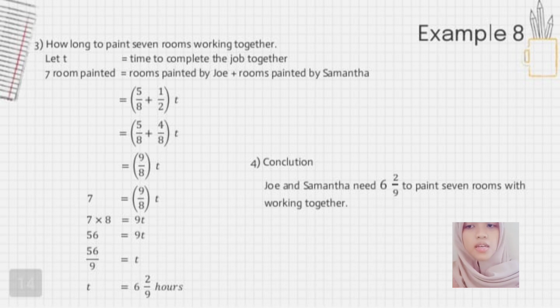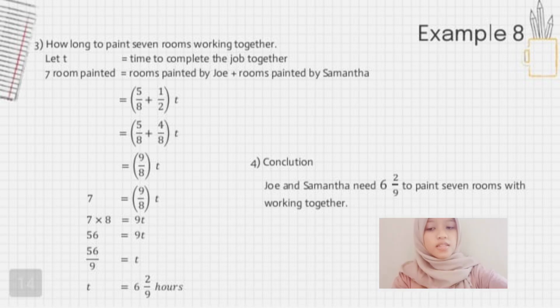So 7 rooms painted equals rooms painted by Joe plus rooms painted by Samantha, equals 5 per 8 plus a half, times t. 5 per 8 plus 4 per 8, times t, equals 9 per 8 times t. 7 times 8 equals 56, so 56 equals 9t. 56 per 9 equals t. t equals 6 2 per 9 hours.